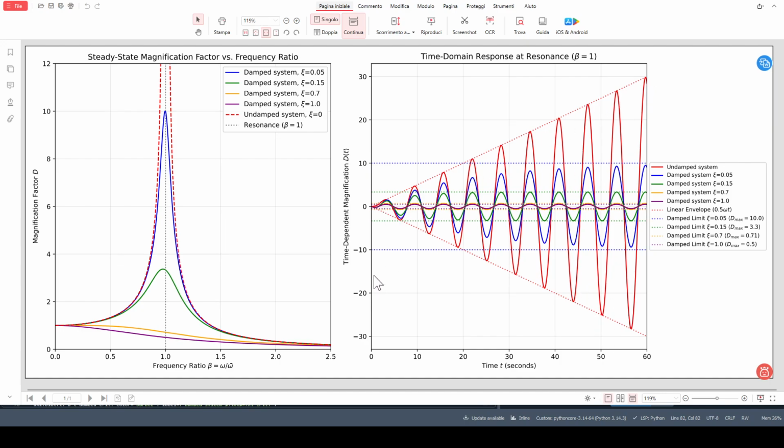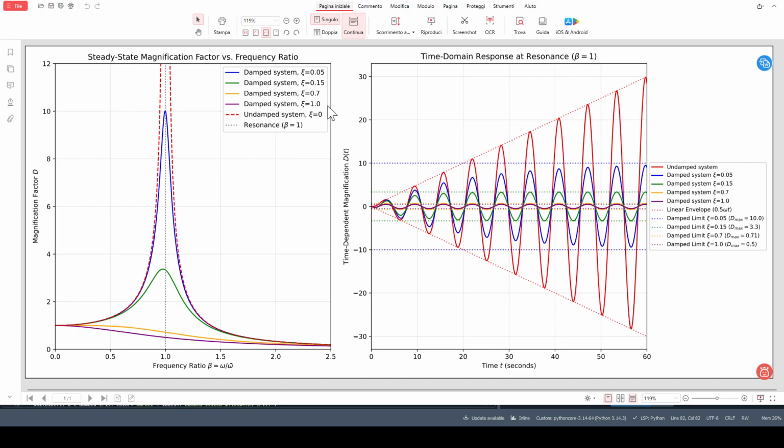You can see the value of the magnification factor increases to infinity as a function of time. For the damped case we also calculate the value of D max, shown as the dotted line in blue, green, and orange.